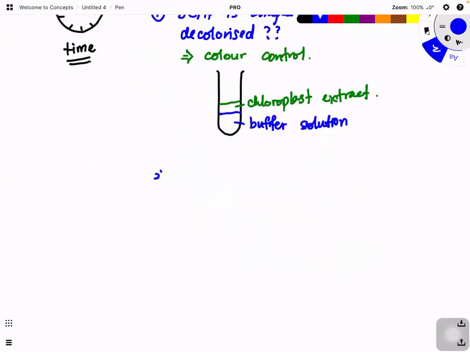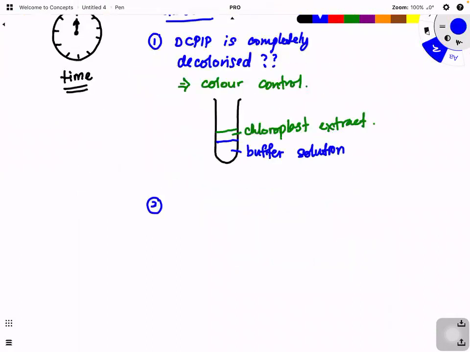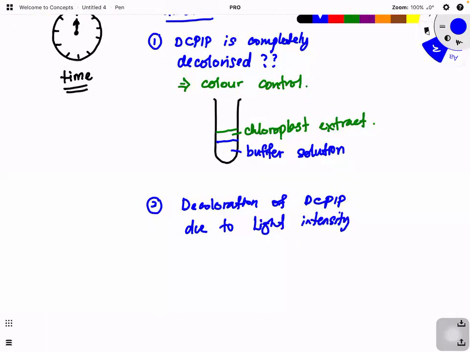Second question: how do you know that the decoloration of DCPIP is due to the chloroplast or light intensity?